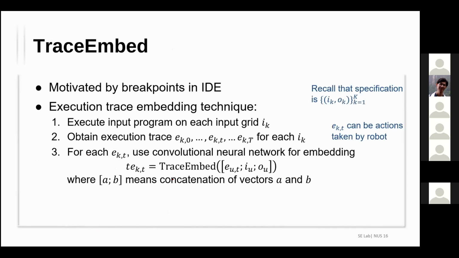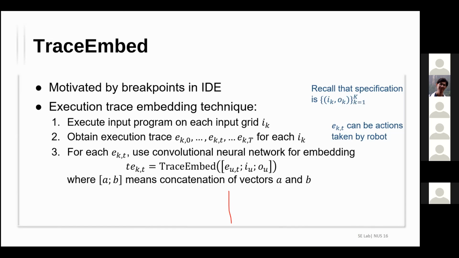Okay. Now down to the nitty-gritty details of the trace embedder. The idea behind it was actually motivated by the breakpoints in the IDE itself, where it keeps track of the execution trace. So they just want to embed the execution trace with the input itself.